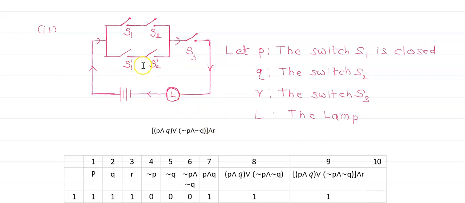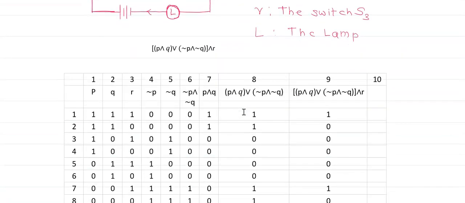Now how can we write it? See this here. The main joint is AND. It is written with R, because here is S3, and in between we have P and Q, or in the second bracket negation of P and negation of Q. And now we'll construct the table.